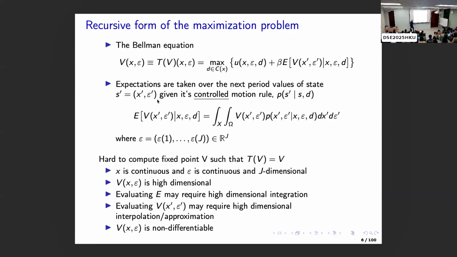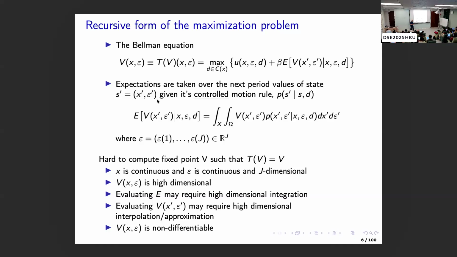And then it's all about calculating that little expectation here, which is the expectation over the evolution of next period states, given this period's states and decision today. We just solve this integral.